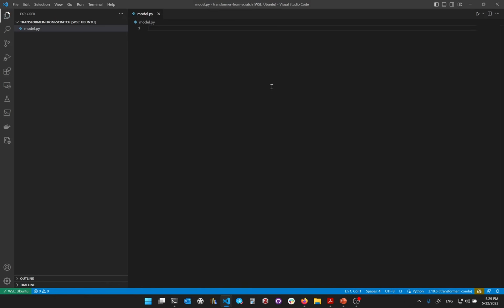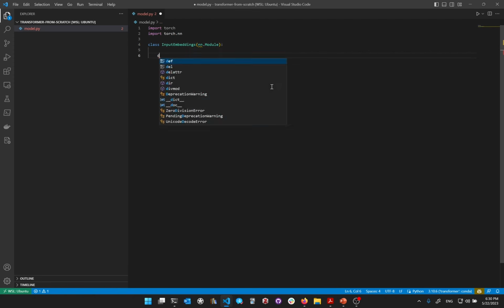The first thing we need to do is to import torch. And then we need to create our class. This is the constructor. We will need to tell it what is the dimension of the model, so the dimension of the vector. In the paper, this is called d_model.